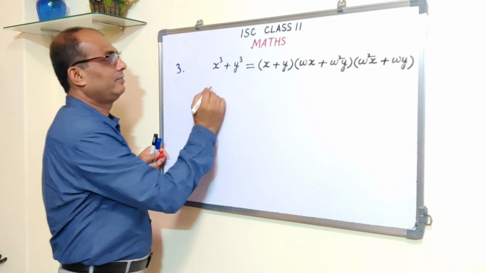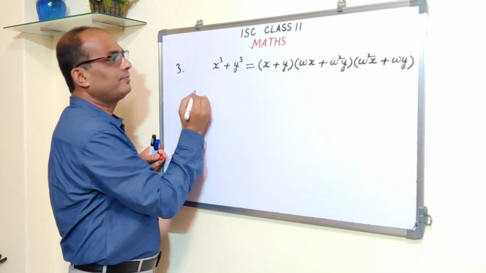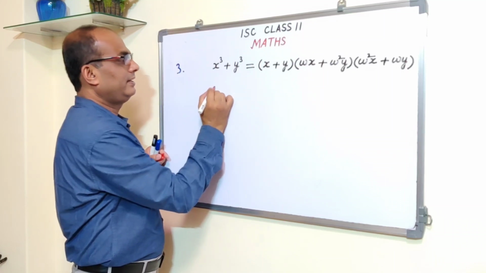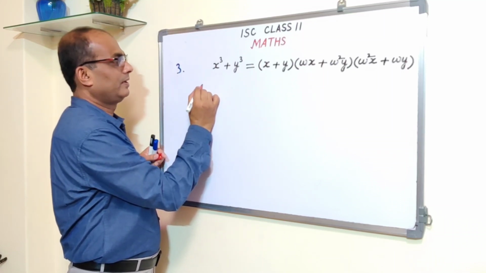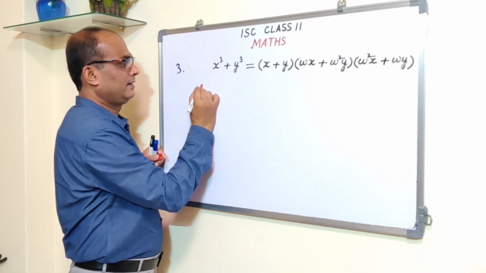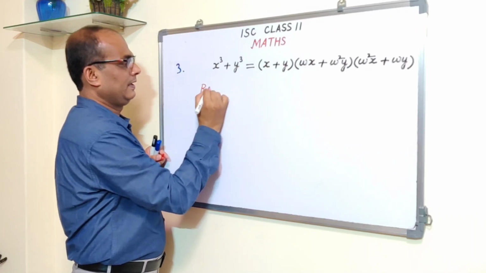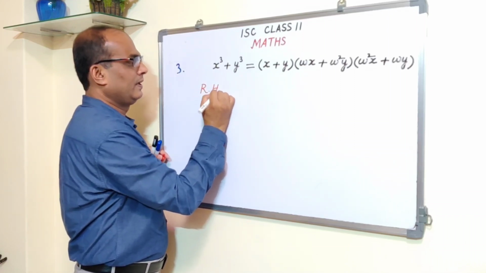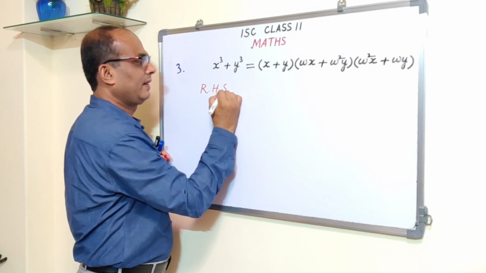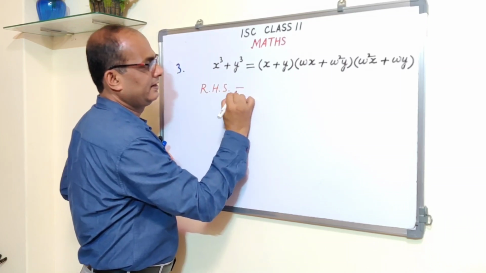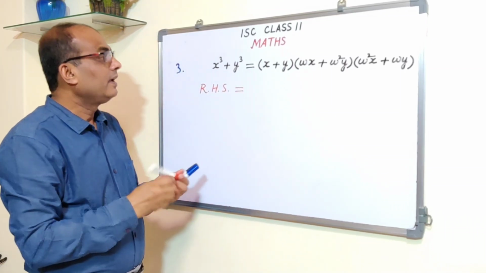So right hand side is equal to, I am writing right hand side is equal to RHS.